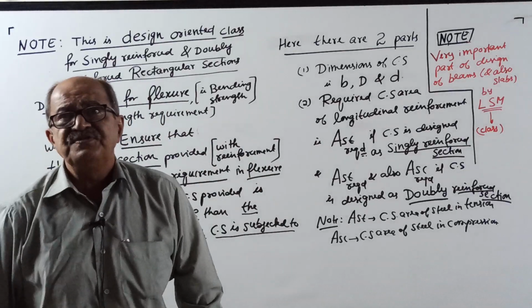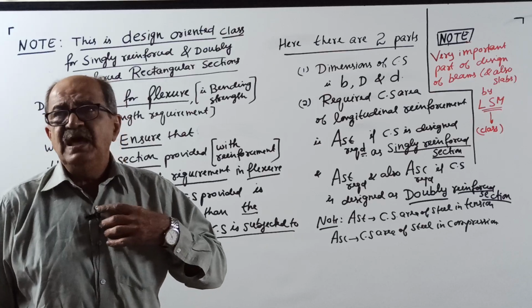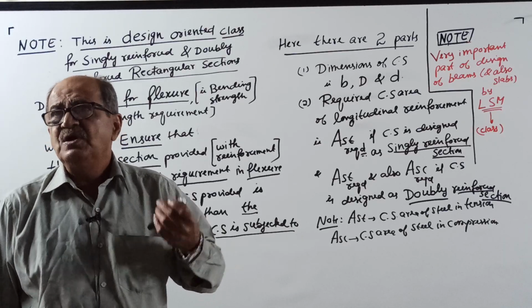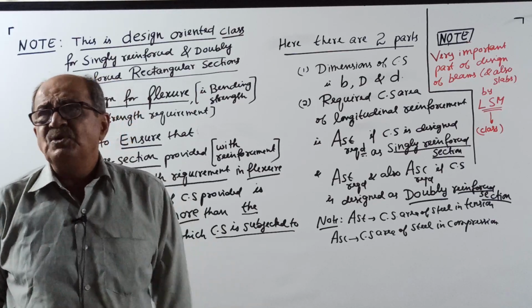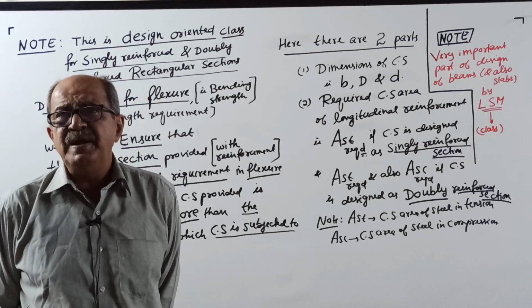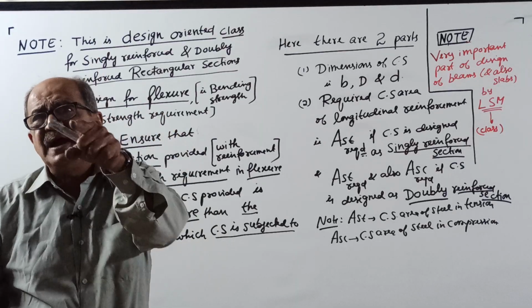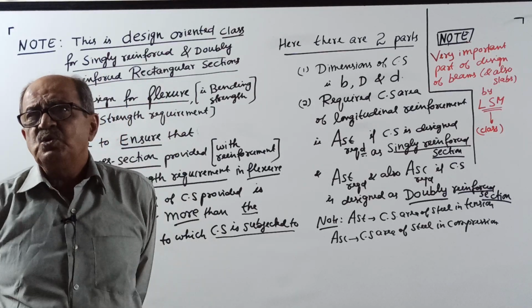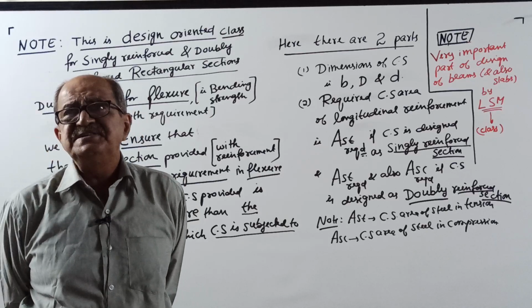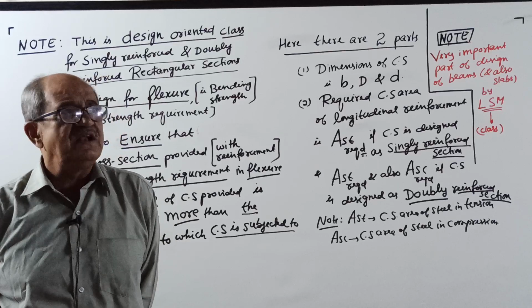When you write some value, for example, bending moment is 60 kilonewton meter, it means the cross section of the beam is subjected to that bending moment. So the cross section has to resist it. Same for axial force, shear force and torsion.